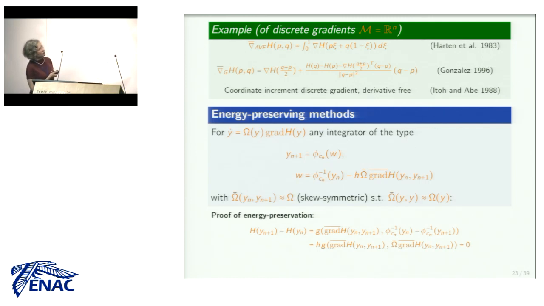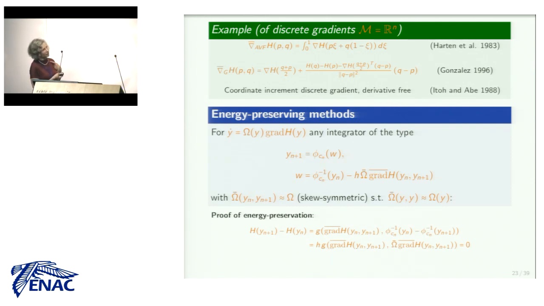Okay, how do you go about getting your method? Well, your method is going to be expressed as follows. You have u_{n+1} is the retraction applied to a certain vector w, where w is given in this format here. So if c_n here was equal to y_n, this term is going to be 0.